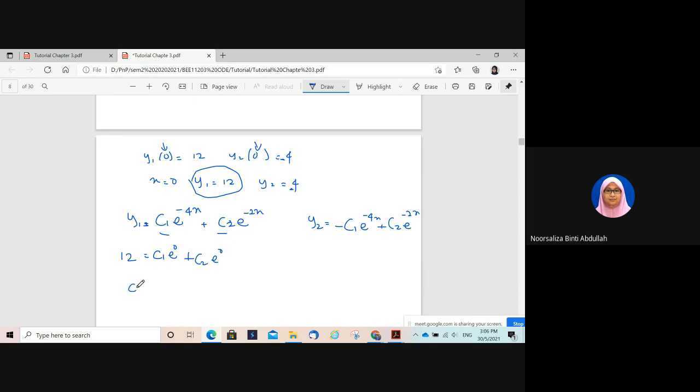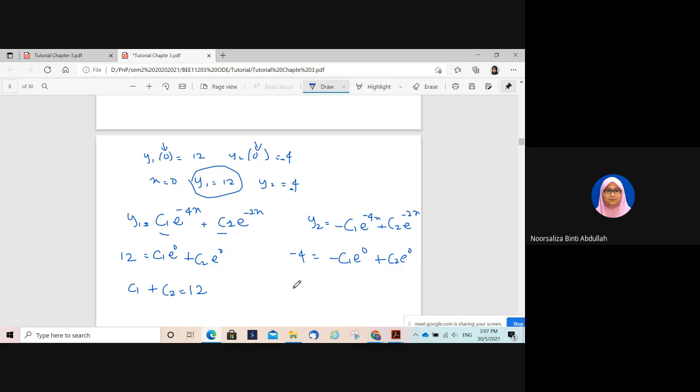So now we have C1 plus C2 equals to 12. Betul? And this one, when x equals to 0, Y2 equals to minus 4.